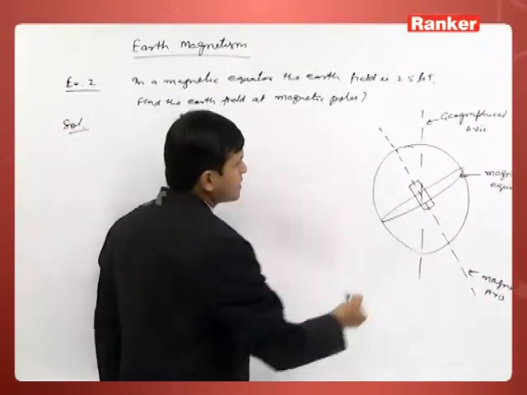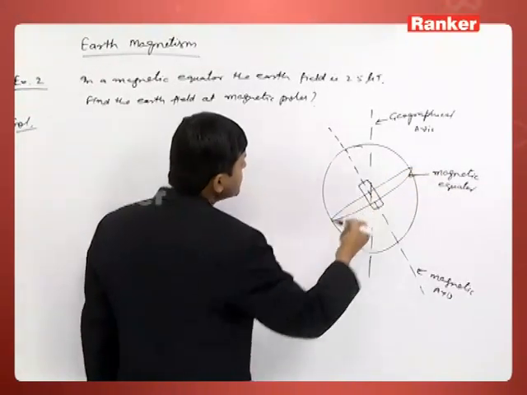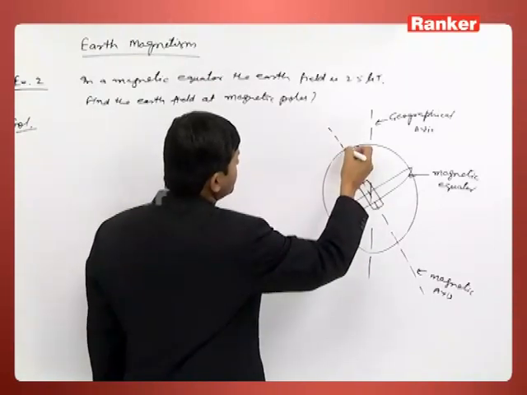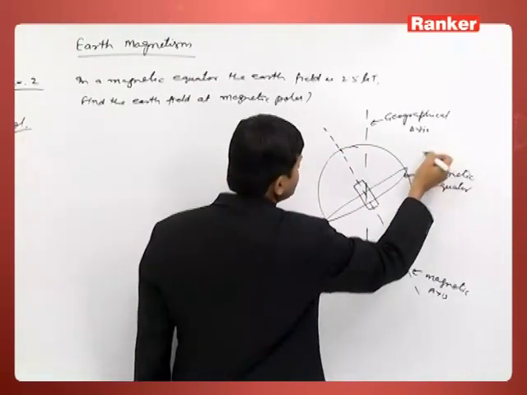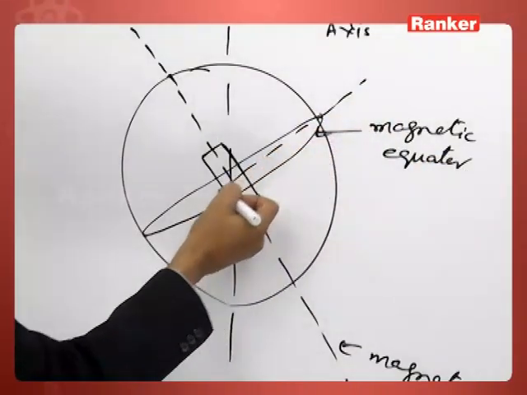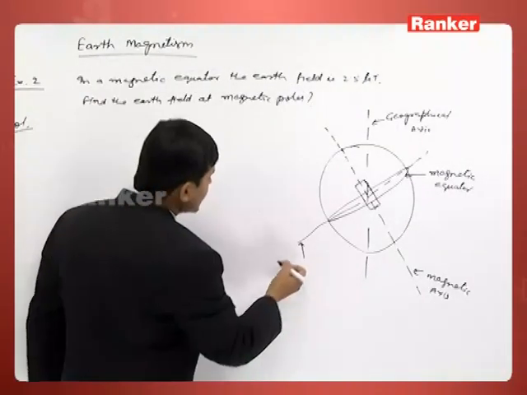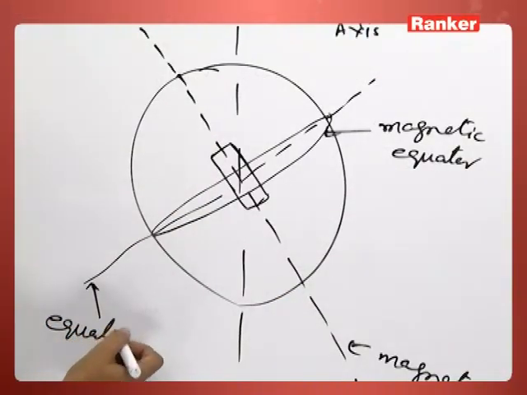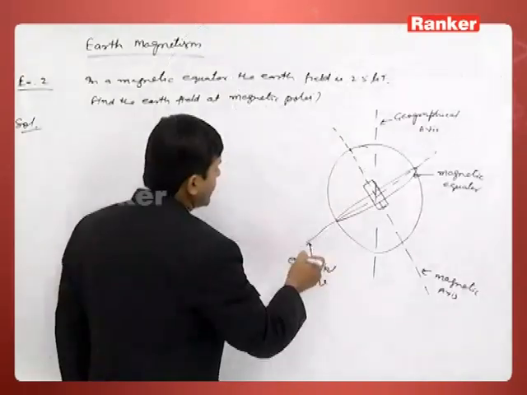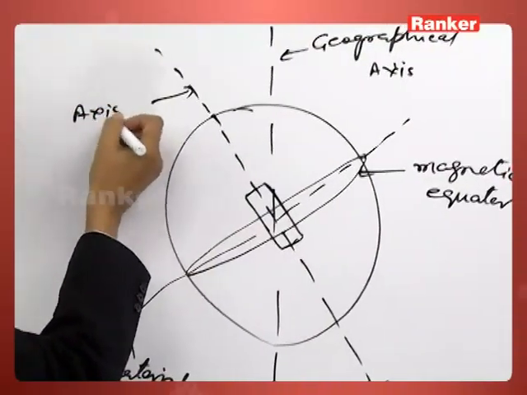Now the earth field here, in this equator, is given as 2.5, and we have to find this. If this is just like a bar magnet, then this line can be said to be the equatorial line, and this is the axial line.